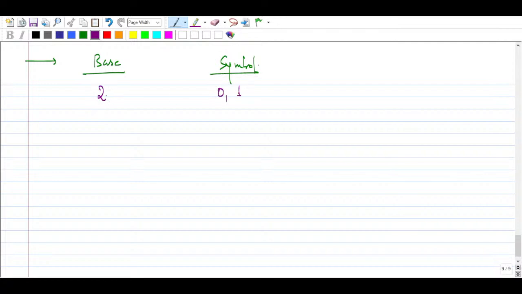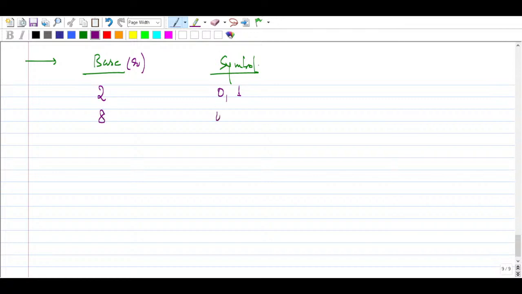This is base 2, represented by R, with symbols 0 and 1, and the number of digits is only 2. Base or radix has 2 digits only, right? Next will be octal, or base 8.